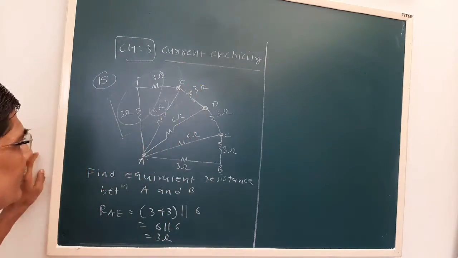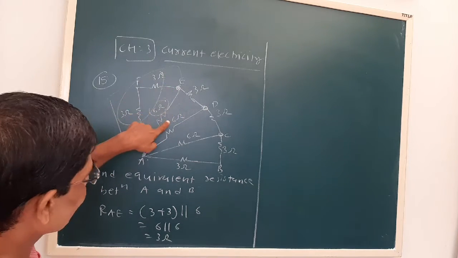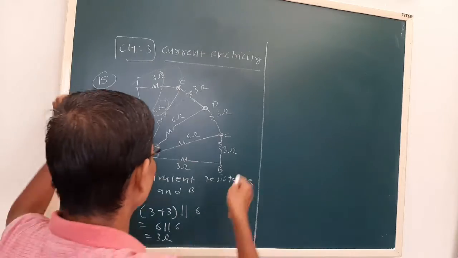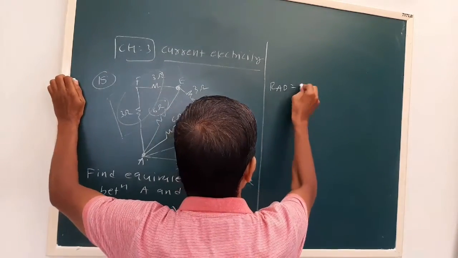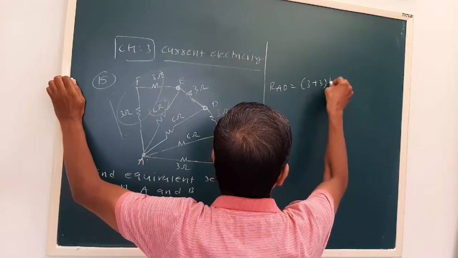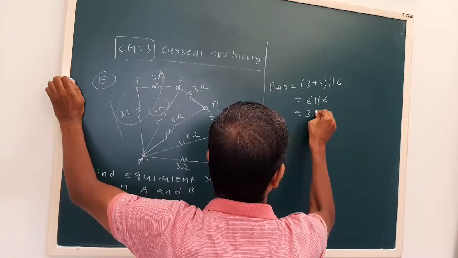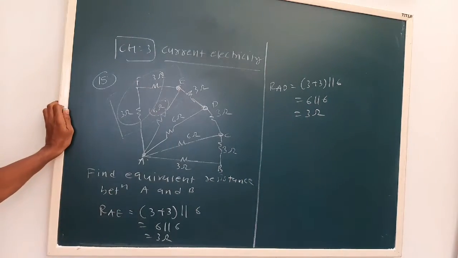That will be in series with the 3 ohm resistor and that will again be in parallel with 6 ohm. So RAD is this 3 ohm plus ED 3 ohm, that is 6 ohm, parallel with 6 ohm. So RAD is 3 ohm.